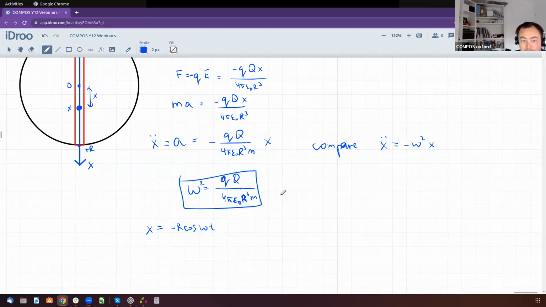So it's some simple harmonic motion. So x is going to start with minus R, the way we defined it.